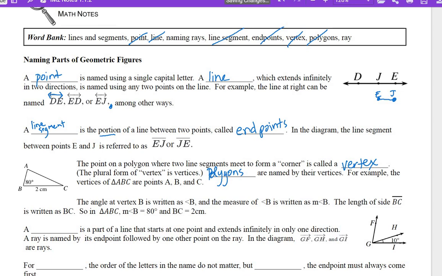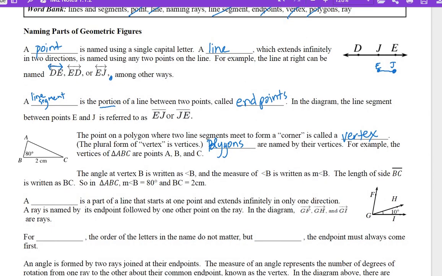For example, the vertices of triangle ABC are points A, B, and C. The angle at vertex B is written either as angle B, and the measure of angle B is written as M angle B. The length of side BC is written as BC. So in triangle ABC, the measure of angle B is 80 degrees, and the length of BC is 2 centimeters.